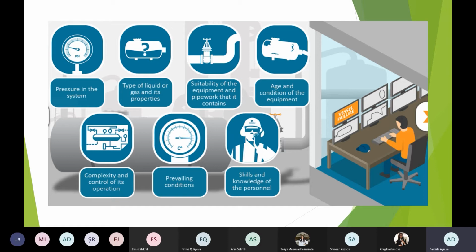Age and condition of equipment. As I mentioned, 25 years is the design life in normal cases for each piece of equipment we are installing on site.